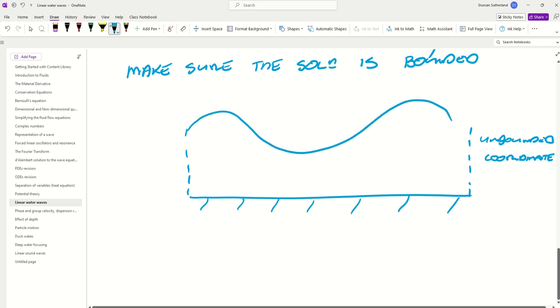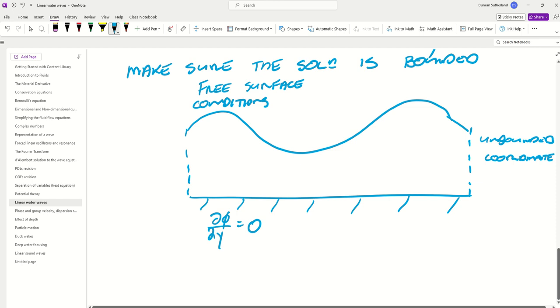That looks like that, we assume. We have d phi dy equals nothing there. We need a free surface condition. Right, so free surface conditions are tricky to specify.